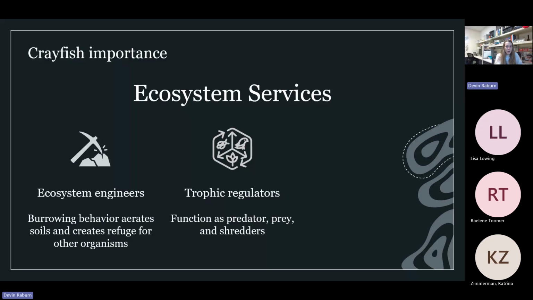They will eat crayfish as well. And then they also can function as shredders when they eat algae and leaf litter and then they poop it out. Smaller invertebrates will eat this as well, use this as food. So they have this really unique function in their system where they can be all of these things at once.